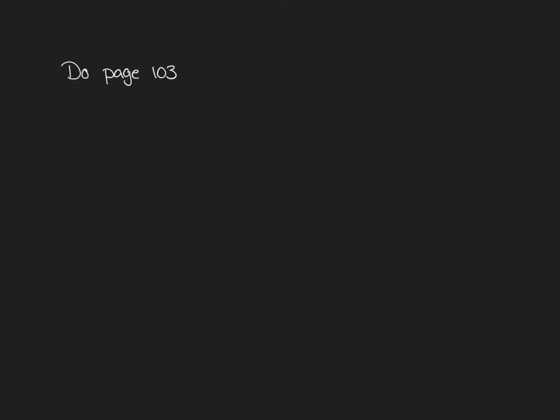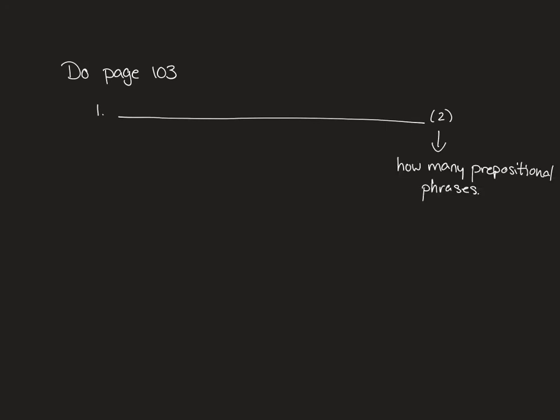For this assignment, you'll be doing page 103, which is exercise 84. And at the end of every question, you'll notice that there is a number in brackets. So this number tells you how many prepositional phrases there are in the sentence. So remember, prepositional phrases can have three components: a preposition, a modifier, and an object.